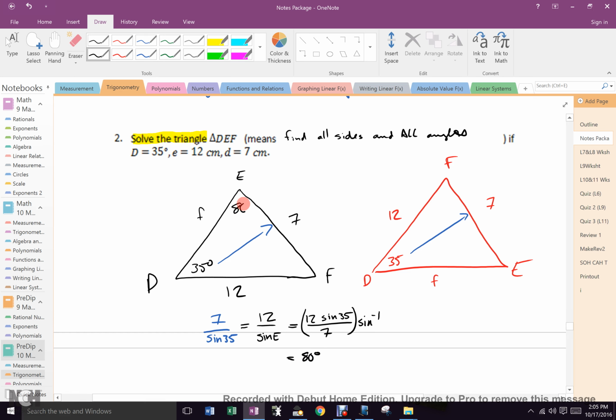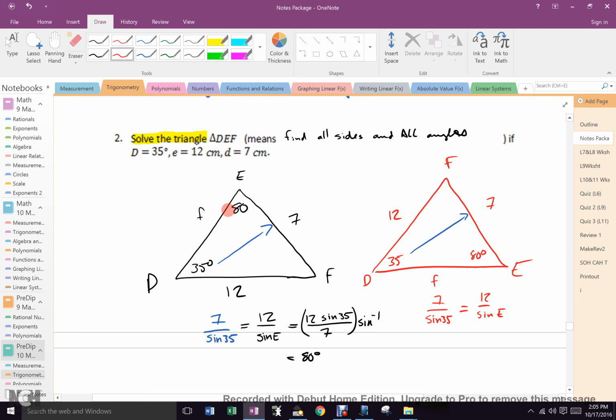So E becomes 80. Now, watch what happens over here in red. Does anything change? 7 over sine 35 still gets me 12 over sine E. Do you see how it doesn't matter how I draw it? Because this is just going to put my E down here, and that's going to be my 80. Is everyone okay?